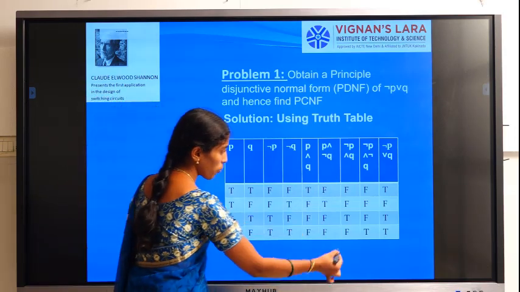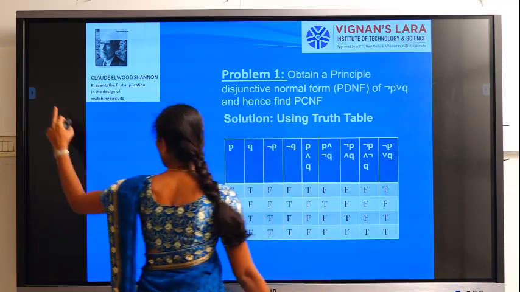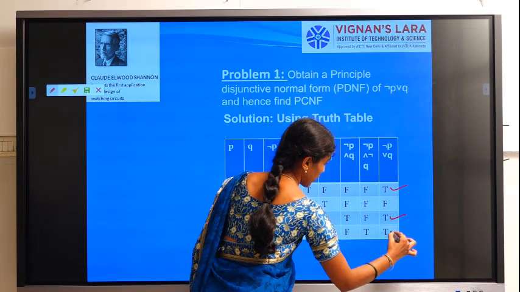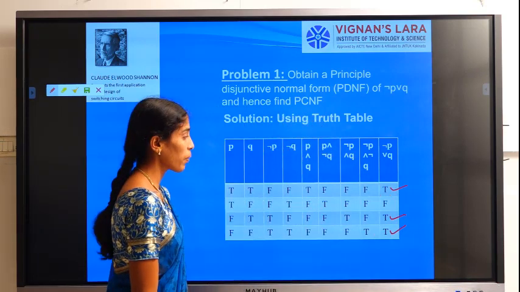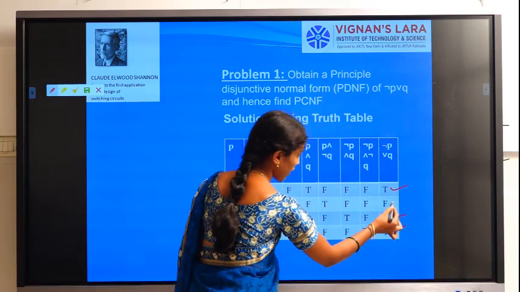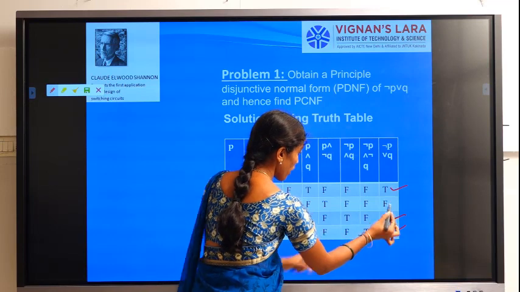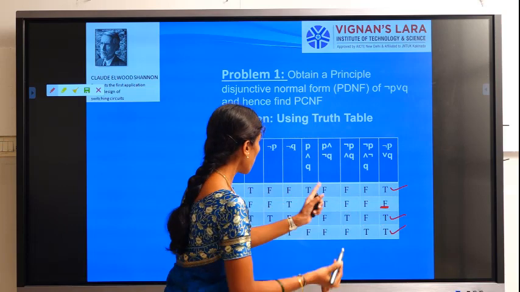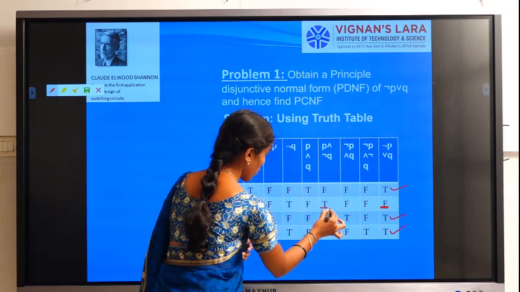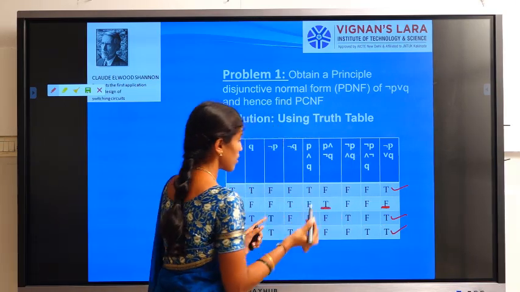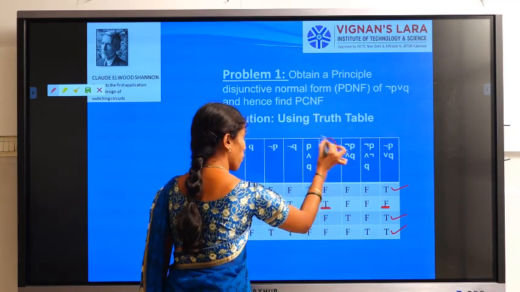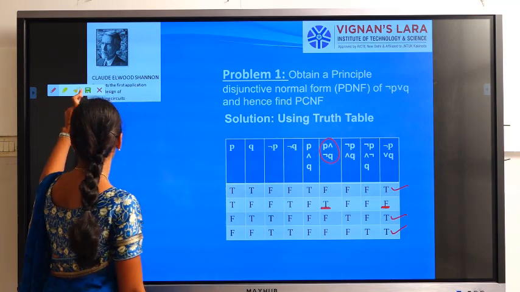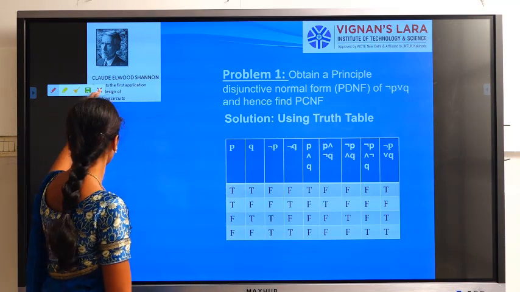If you observe the table, we already used these three while calculating the PDNF. The only remaining one is this one, corresponding to this F, where the min term is P and negation Q. Remember that: P and negation Q.